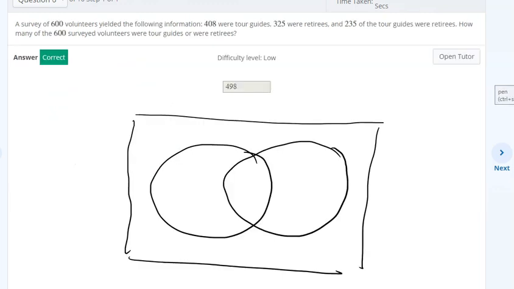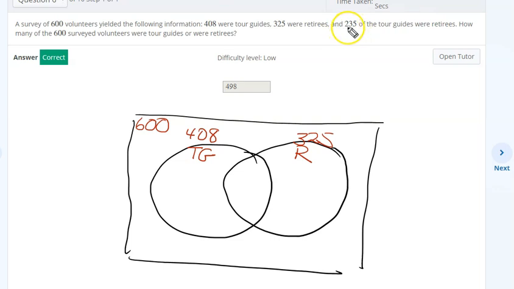Now I set this one up a little because I know we're dealing with 600. So there's our reference of 600. That's our universe or sample space. 408 were tour guides. 325 were retirees.